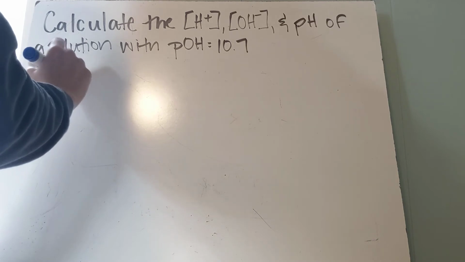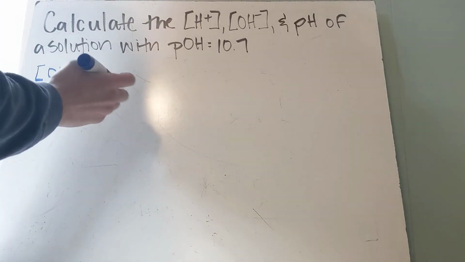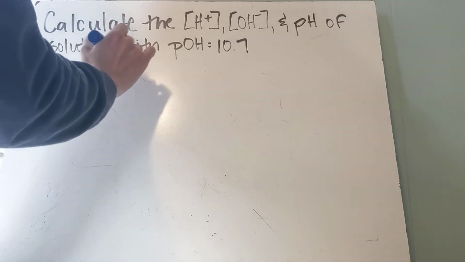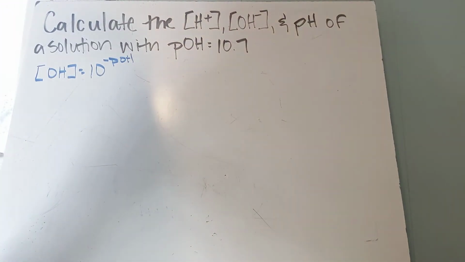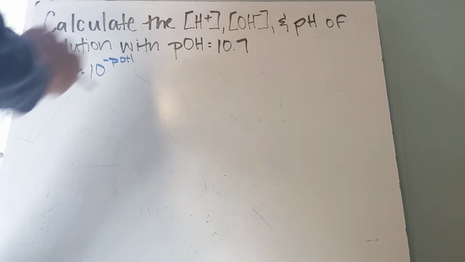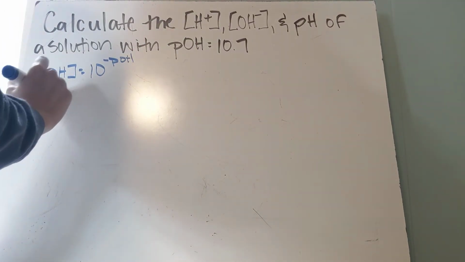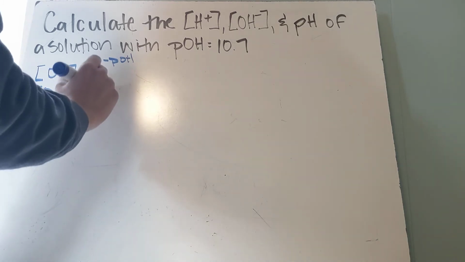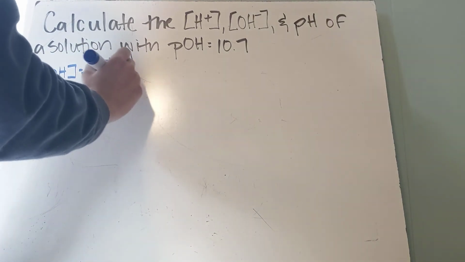So I'm going to have OH minus is equal to 10 to the negative pOH. So that's the formula that I'm using. So I'm calculating OH minus first. So my OH minus is going to be 10 to the negative 10.7.